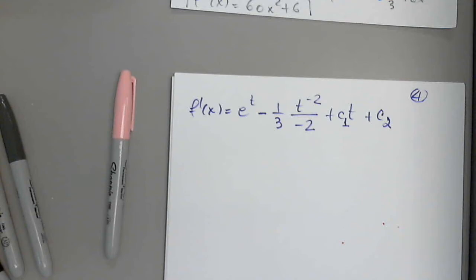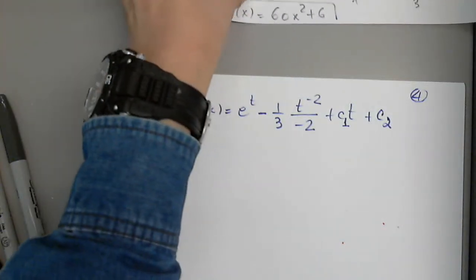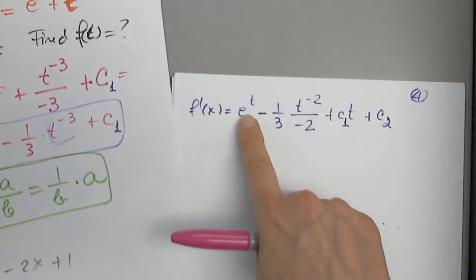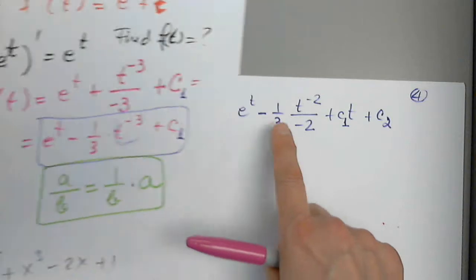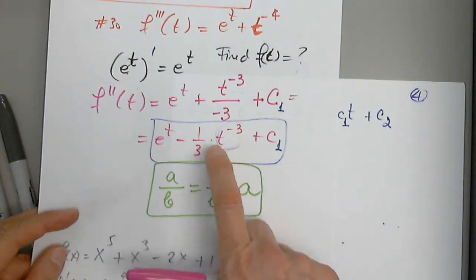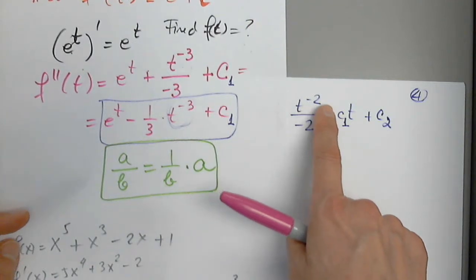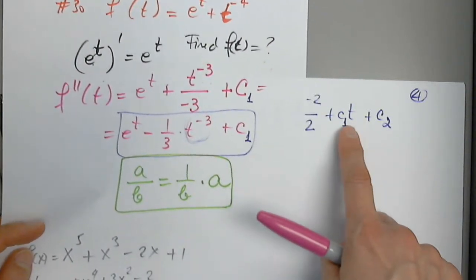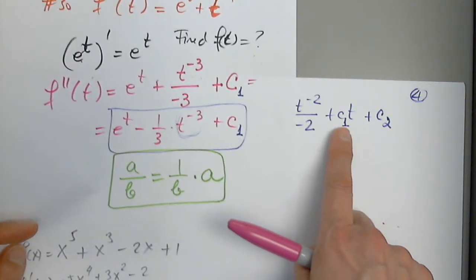Great job. Yes, Vanessa? Can you go over how you got that again? Which part? The whole thing. So this prime is this. Then I copy negative 1/3, and we discussed that formula: t to n is t to n plus 1 over n plus 1. Then which function prime is C1? It must be C1t.